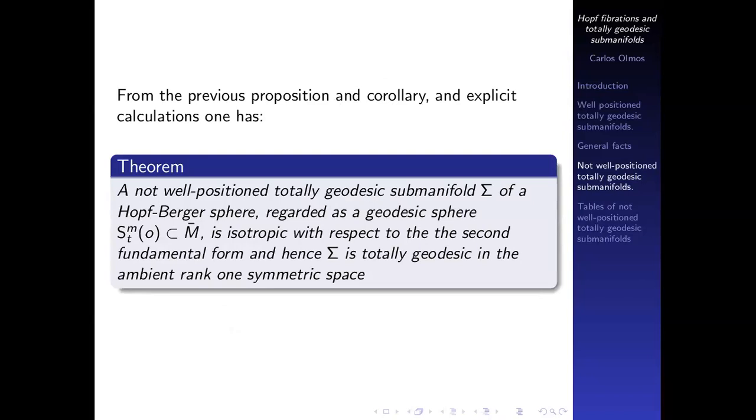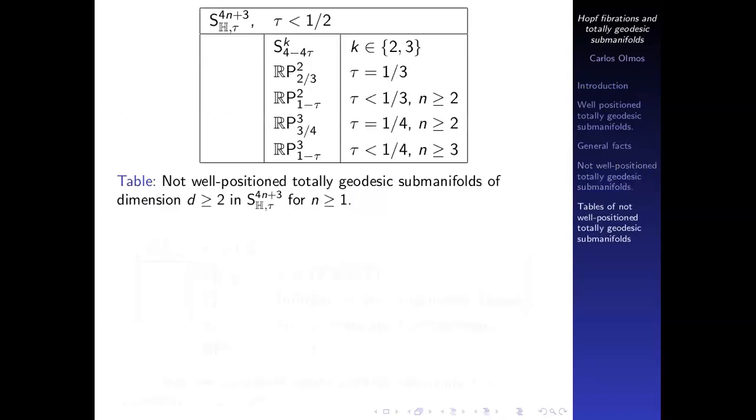So in any case, totally geodesic manifolds are totally geodesic manifolds of the ambient space. But now this totally geodesic manifold of the ambient space does not pass through the center of the geodesic sphere. So here we listed the totally geodesic submanifolds, and there appear spheres similar to the fiber, but not vertical.